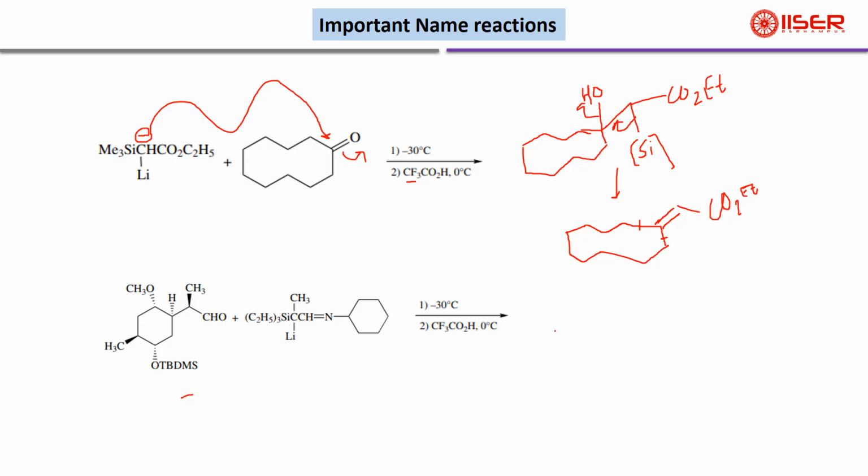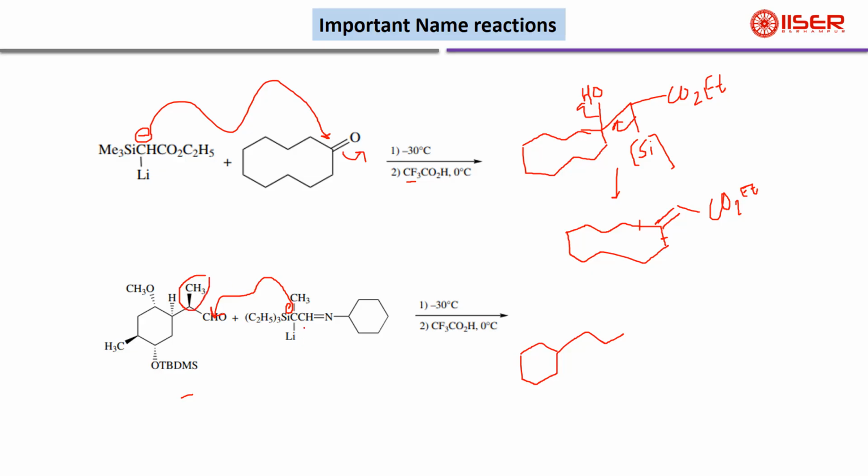So what will happen here? There will be a negative charge at this carbon and it will attack this. Now the thing is, the adjacent methyl is above the plane.